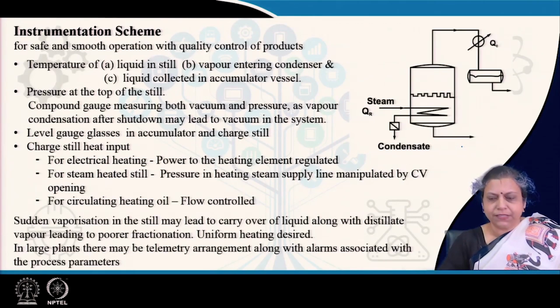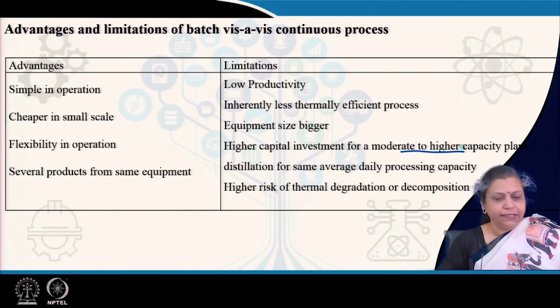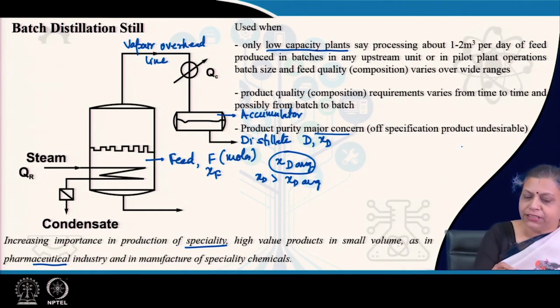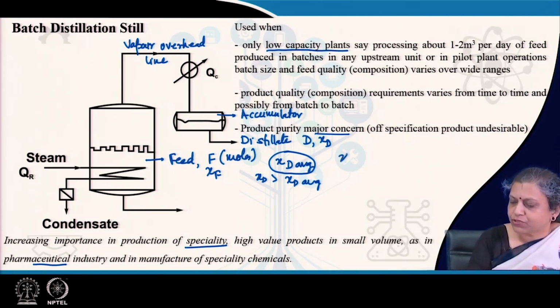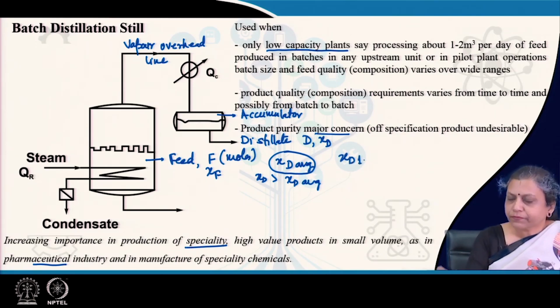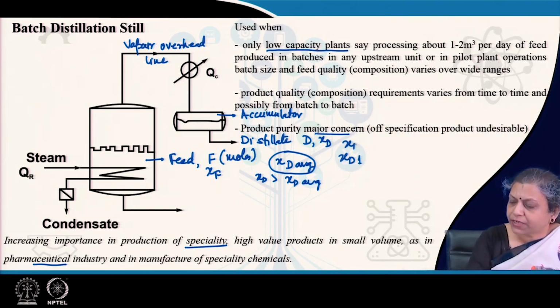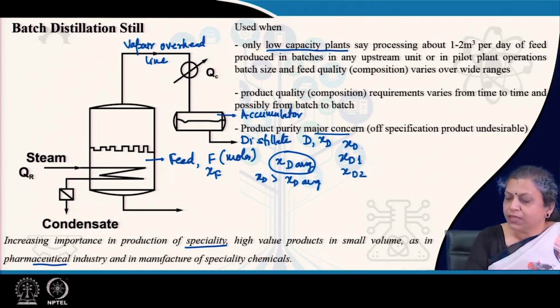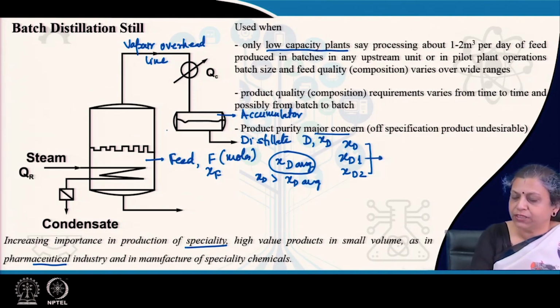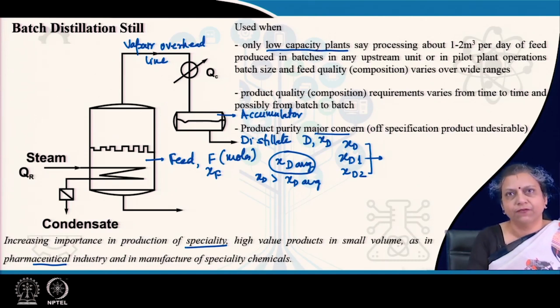For example, in this particular case, initially you get some particular product which has a composition of say XD1. So, we start with some particular XD, we proceed till some particular XD2, such that the average composition gives you XD1. So, we have one particular accumulator where we keep on collecting till the average composition is XD1.